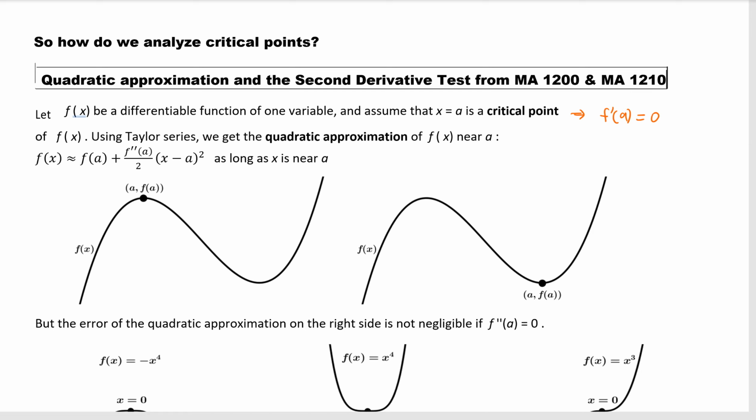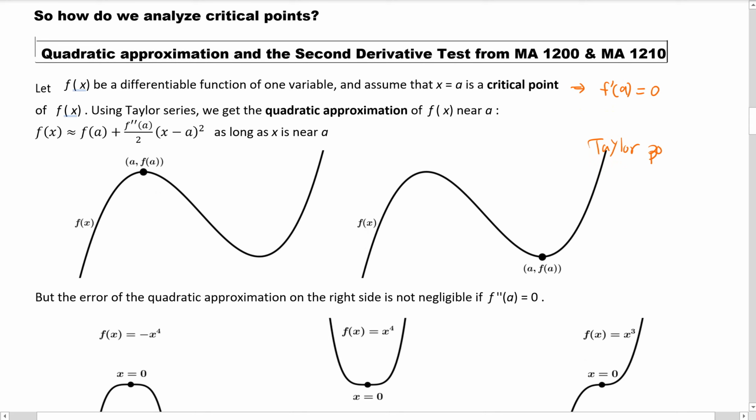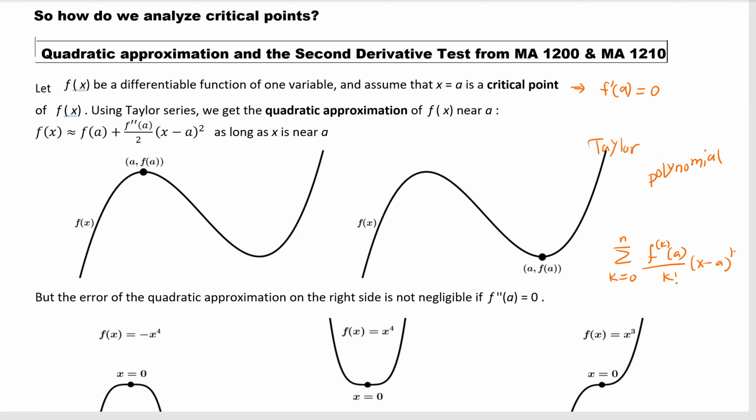Using Taylor series, we get a quadratic approximation. Remember the Taylor polynomial: the sum for k from 0 to n of the kth derivative over k factorial times (x minus a) to the power of k.